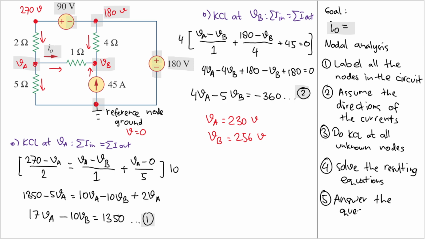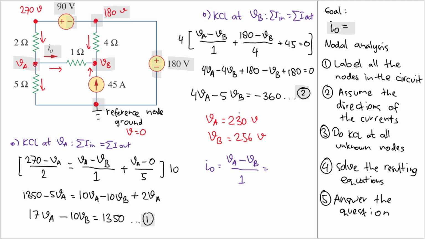Okay, the question is asking us about IO, and we can actually calculate IO because we know VA and we know VB, right? So we know that IO is VA, where the current comes from, and then minus VB, where the current goes to, and then divided by the resistance between them, that is 1.